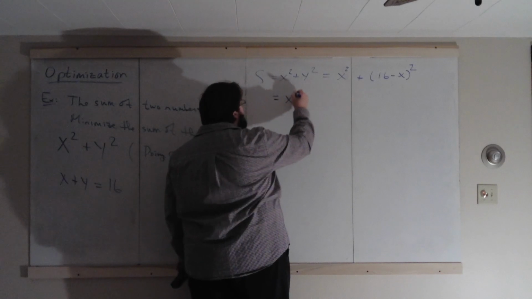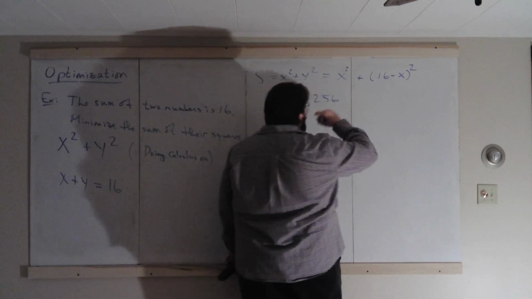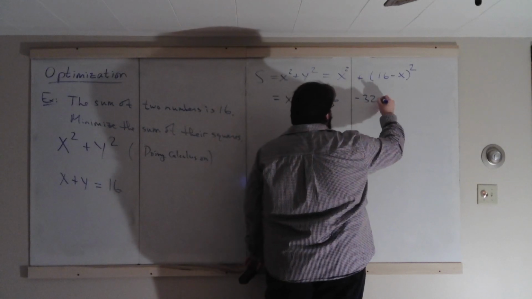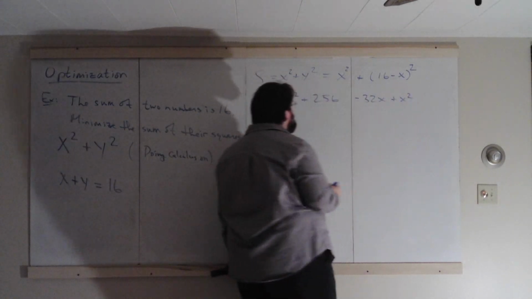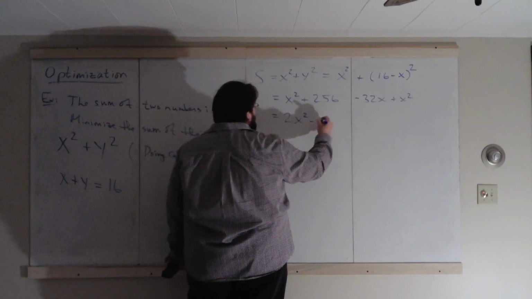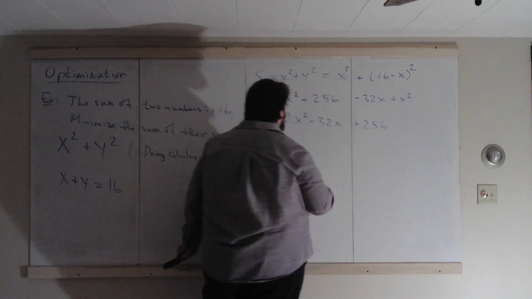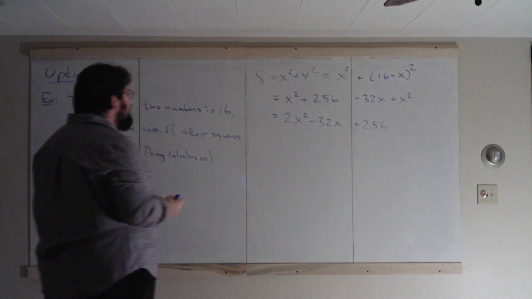You get x squared plus 256 minus 32x plus x squared, which equals 2x squared minus 32x plus 256.